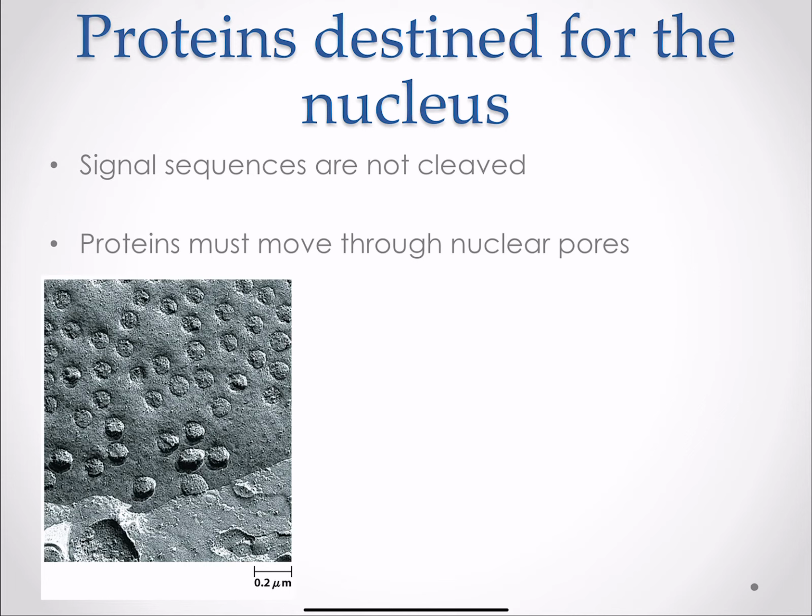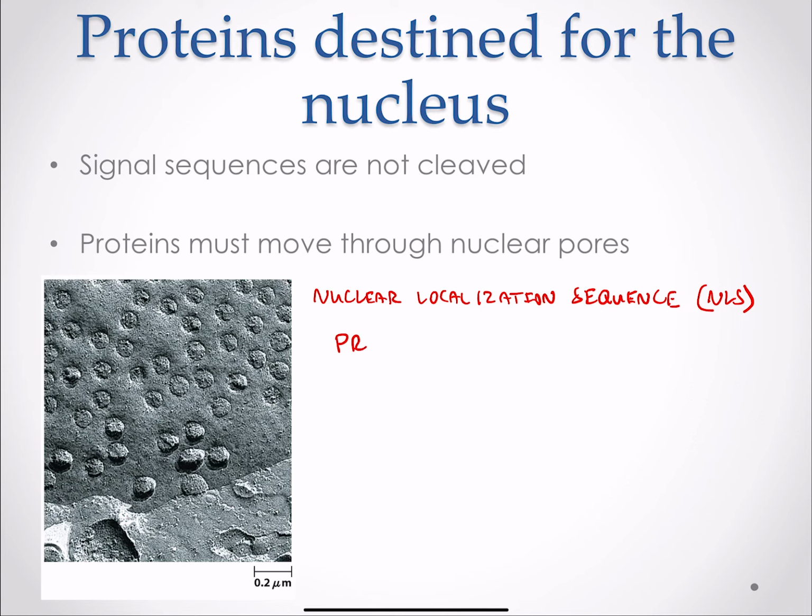So you're going to have a nuclear localization sequence. And similar to the sequence that guided a protein to the endoplasmic reticulum, this sequence is going to pick up a nuclear protein made in the cytosol and bring it into the nucleus.